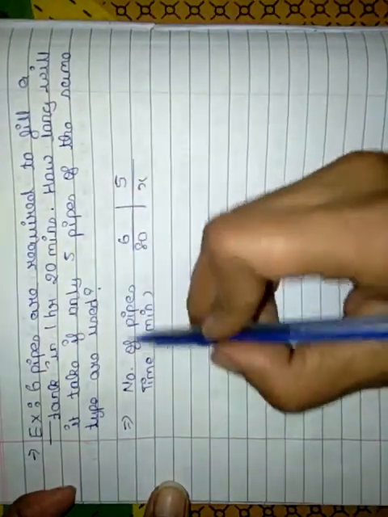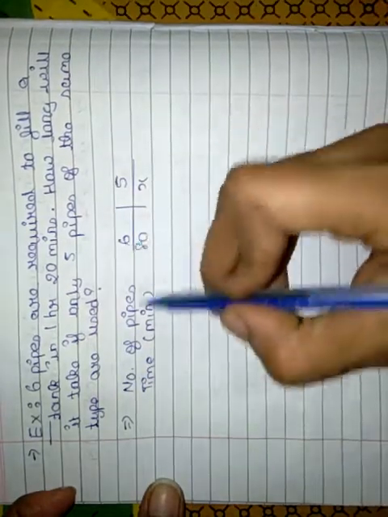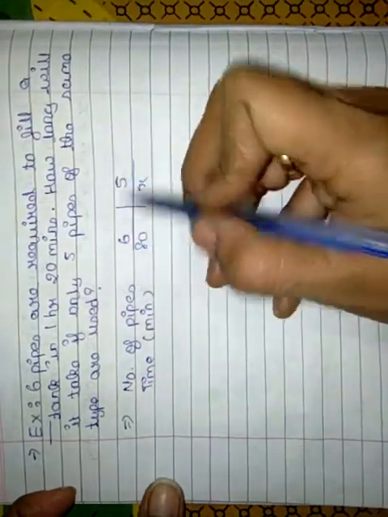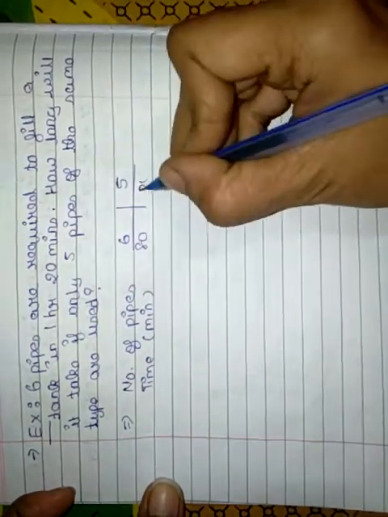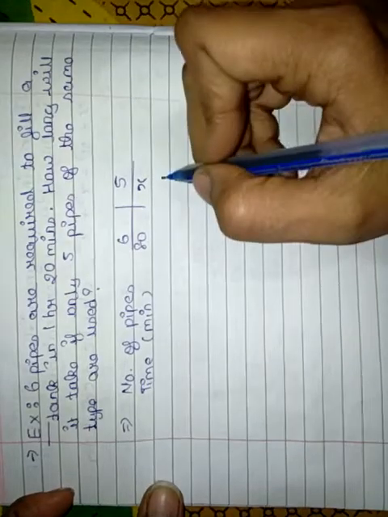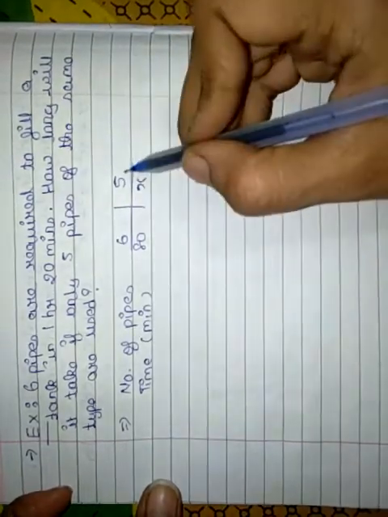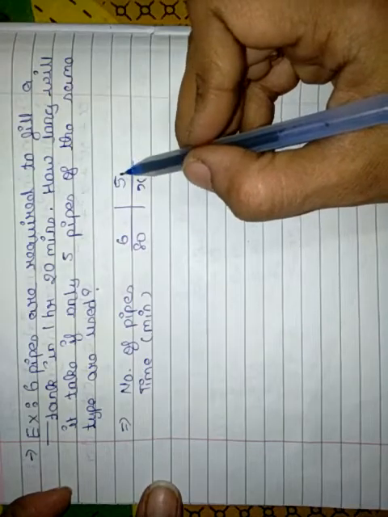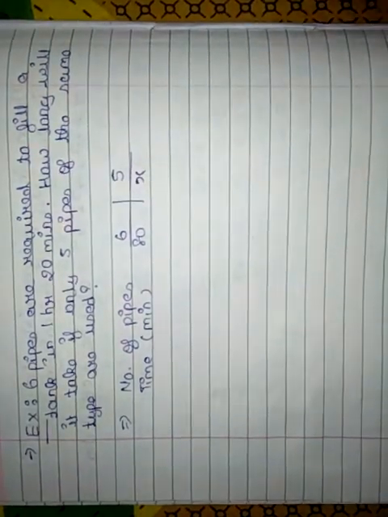So we have to do it this way. The number of pipes is 6 and 5, and the time is 80, and X is the value that we have to find, that is, the time taken by 5 pipes to fill the tank.